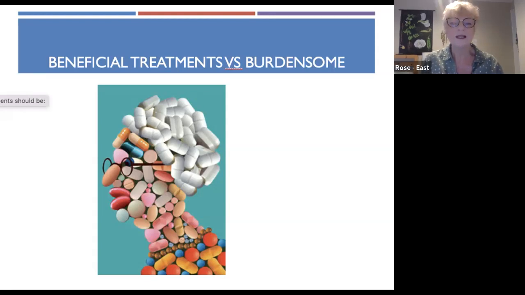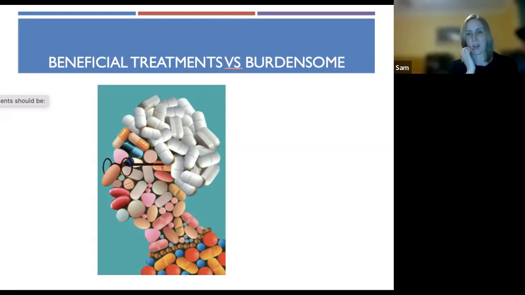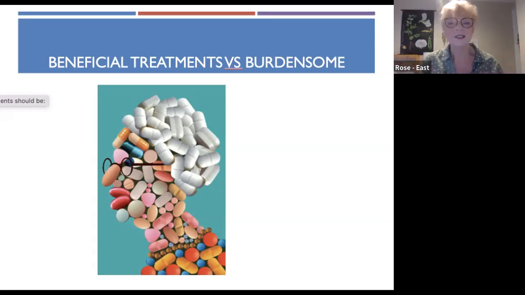But no, we'll put in a PICC line because the doctor wants it, or because the family wants it. They might get 3 weeks into the treatment and then die from overwhelming infection, or from renal failure because of the IV antibiotics.